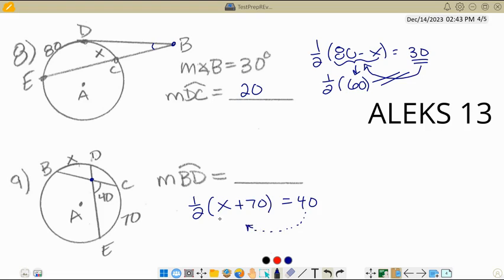What needs to be right in here? So when I take half of it, it gives me 40. Well, it needs to be 80, right? Half of 80 is 40. So what would have to be sitting right there to generate 80 all together? Like what plus 70 is 80? 10. So 10 plus 70 gives me the 80, right?